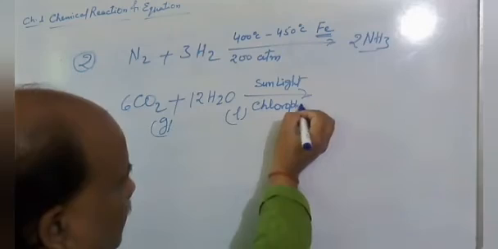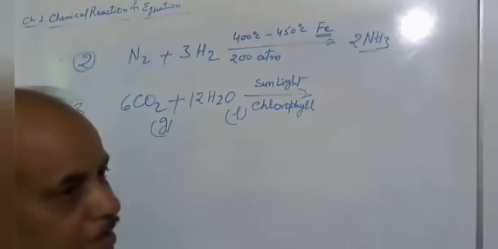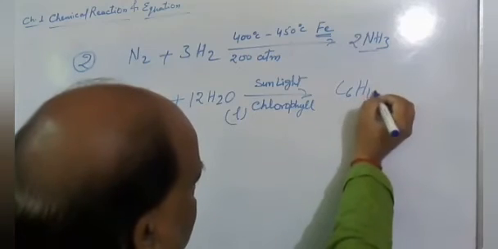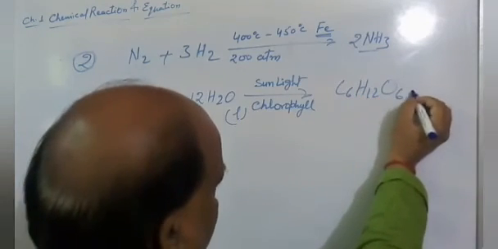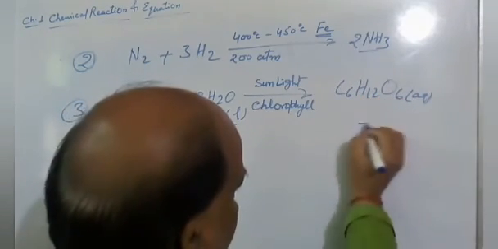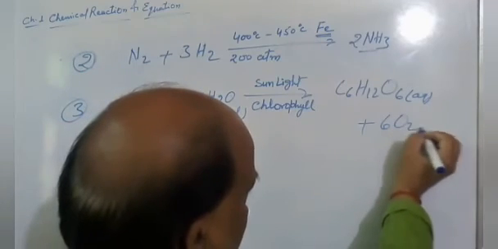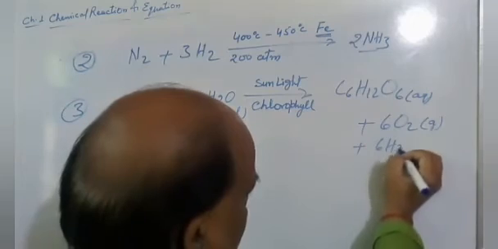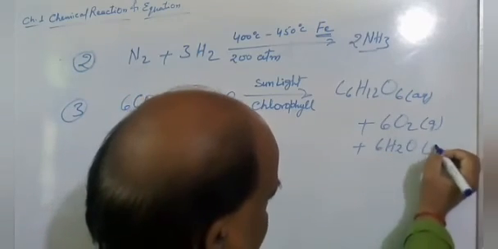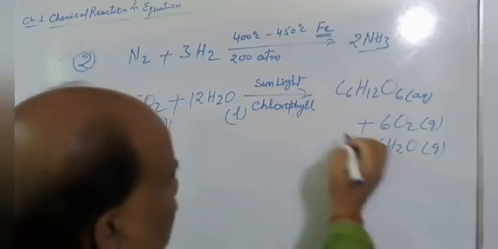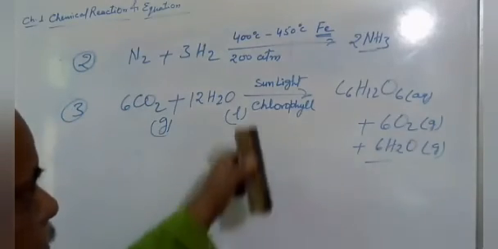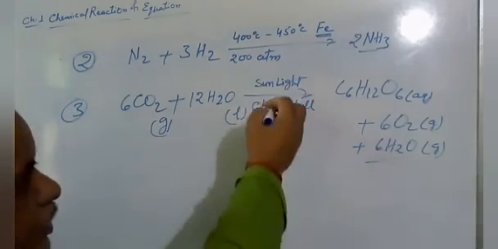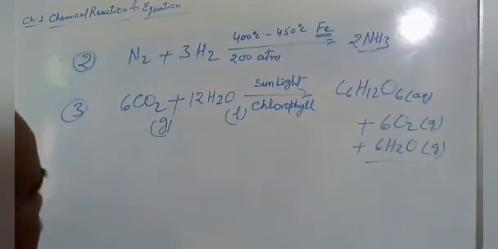Chlorophyll is also essential for this reaction. C6H12O6 aqueous plus 6O2 gas plus 6H2O, vapors form gas. So we should give this information over or under the arrow.